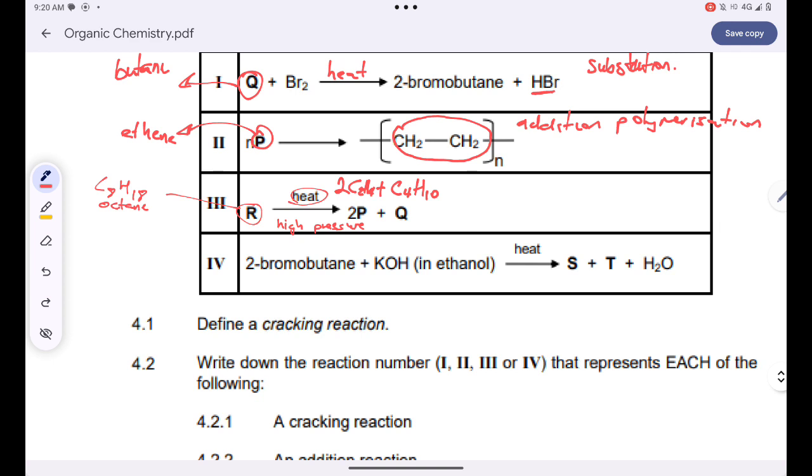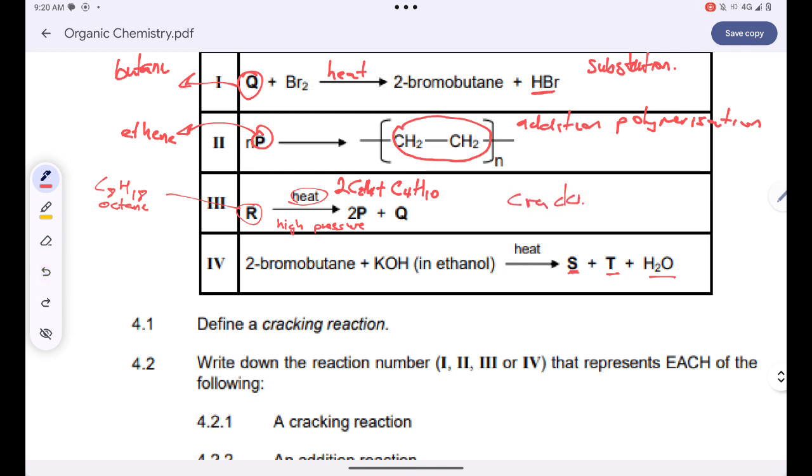Okay, now let's go to reaction 4. In reaction 4, we have 2-bromobutane plus potassium hydroxide in ethanol plus heat. We end up having an organic compound and 2 other inorganic compounds. Are we together?